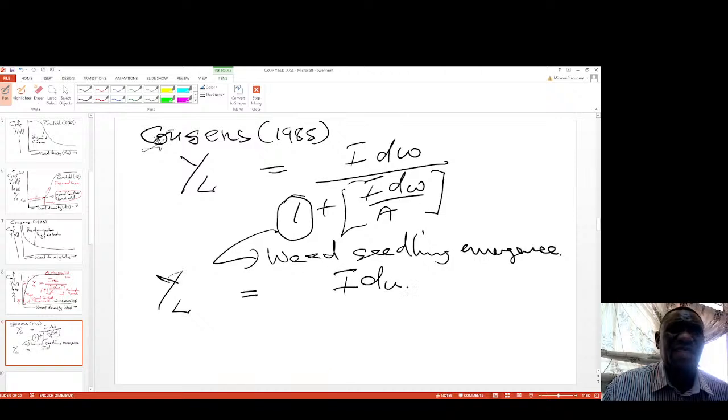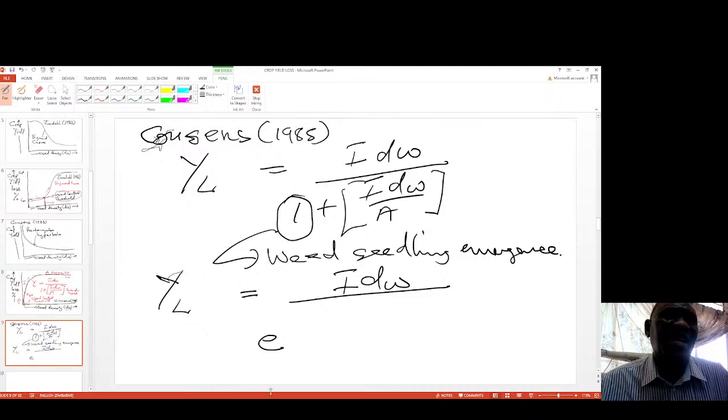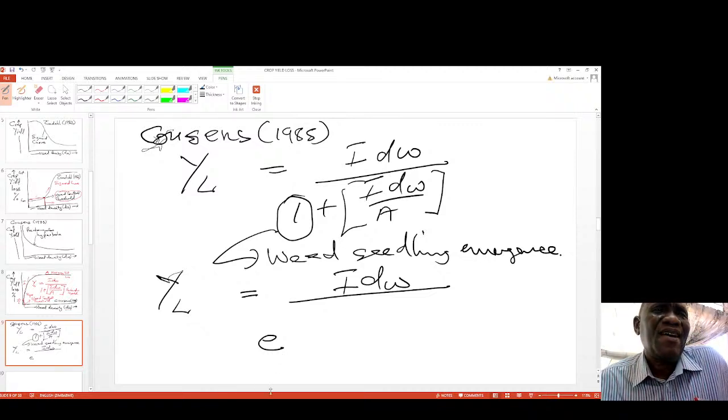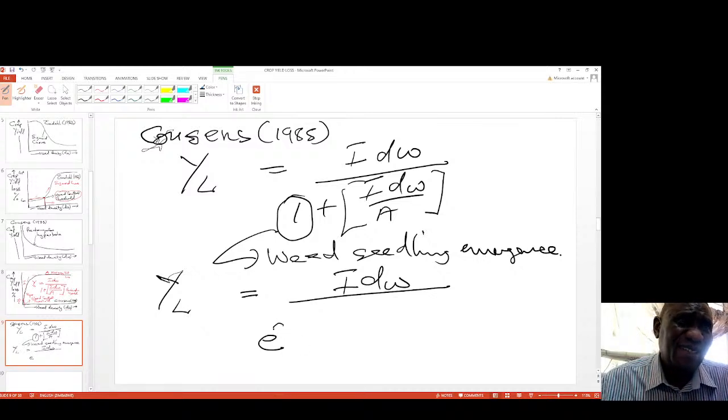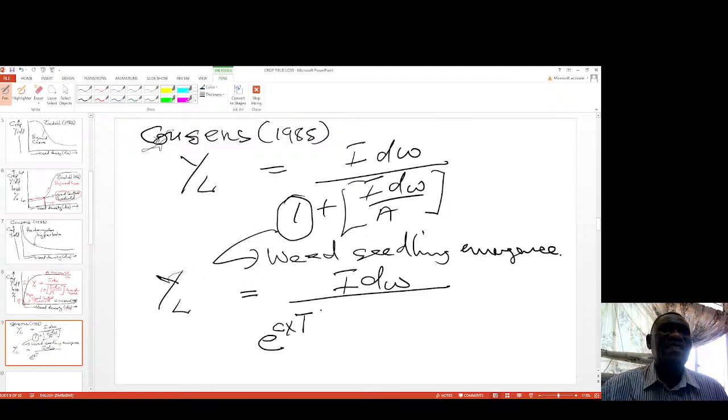IDW did not change here, but 1 was replaced by E, which is the natural logarithm to the power of a constant multiplied by time. This time is the time of weed seedling emergence. Then he added this to this original part.